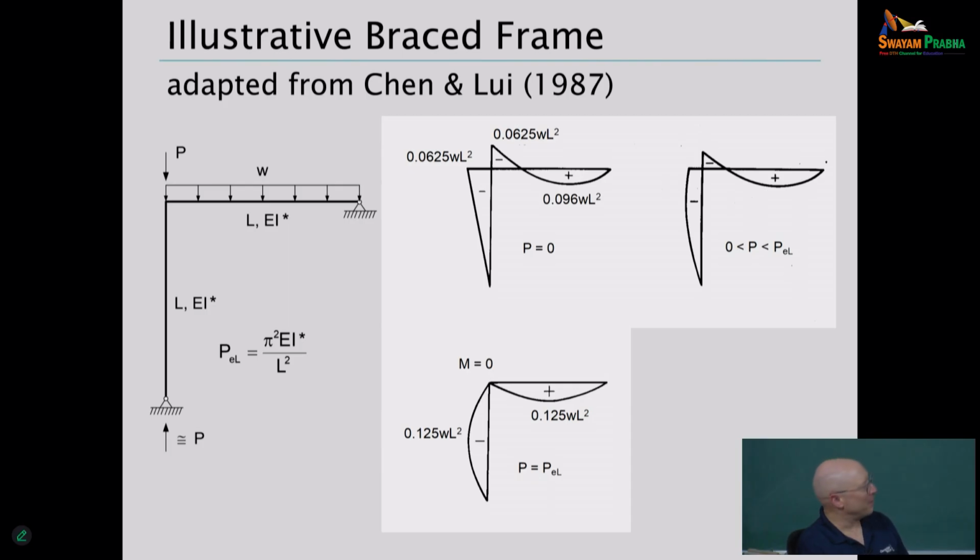Now that can be problematic if you have a case like this. This is a fairly simplified example, but you could have a situation, maybe a very long column you're trying to minimize the footprint of within an atrium or something like that.